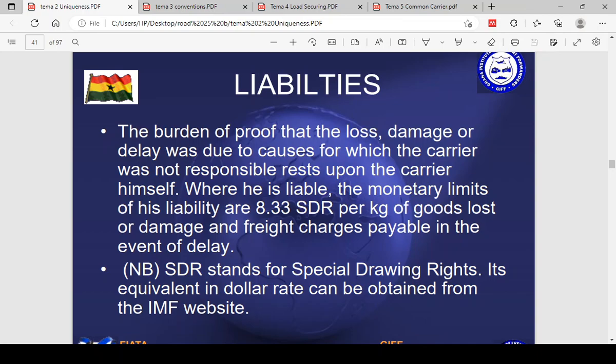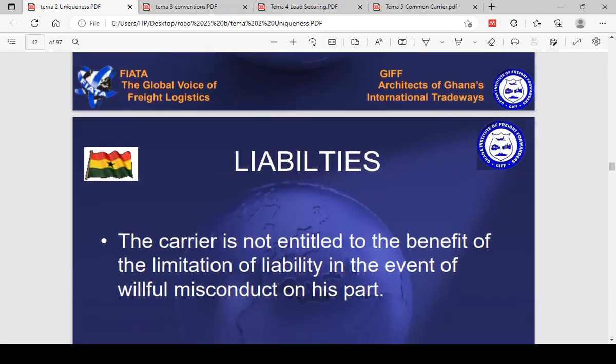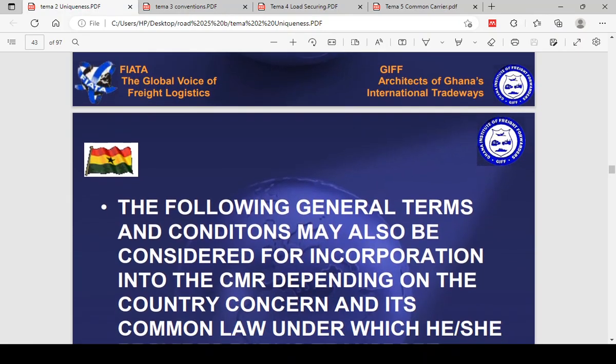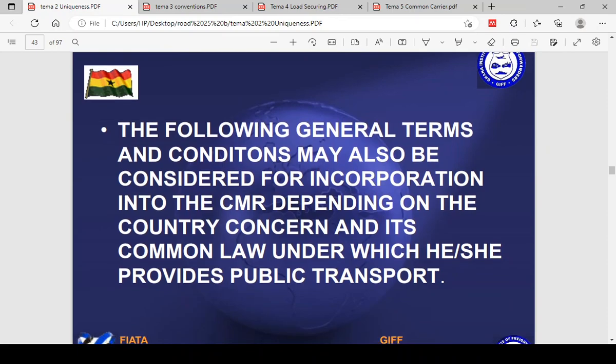The carrier is not entitled to the benefit of the limitation of liability in the event of willful misconduct on his part. So the following general terms and conditions may also be considered for incorporation into the CMR, depending on the country concerned and its common law under which he or she provides public transport.